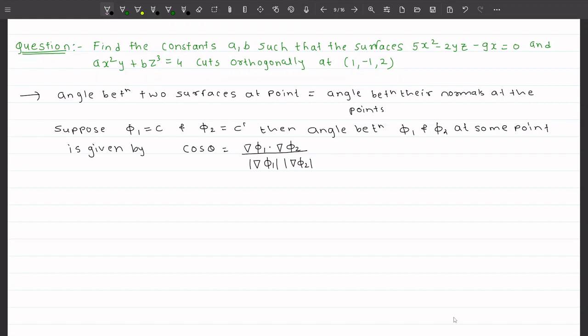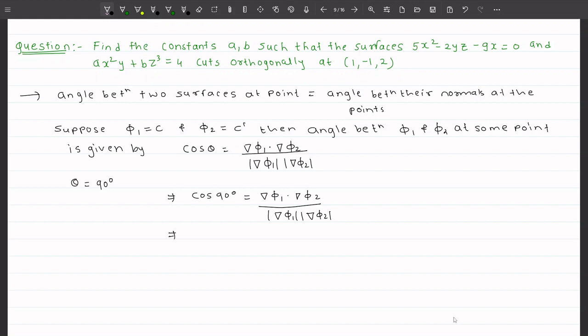Now here, given that these two surfaces phi 1 and phi 2 cut orthogonally at the point (1, −1, 2), that means theta is 90 degrees, right? Substituting, cos 90 degrees equals gradient of phi 1 dot gradient of phi 2 upon modulus of gradient of phi 1 into modulus of gradient of phi 2.